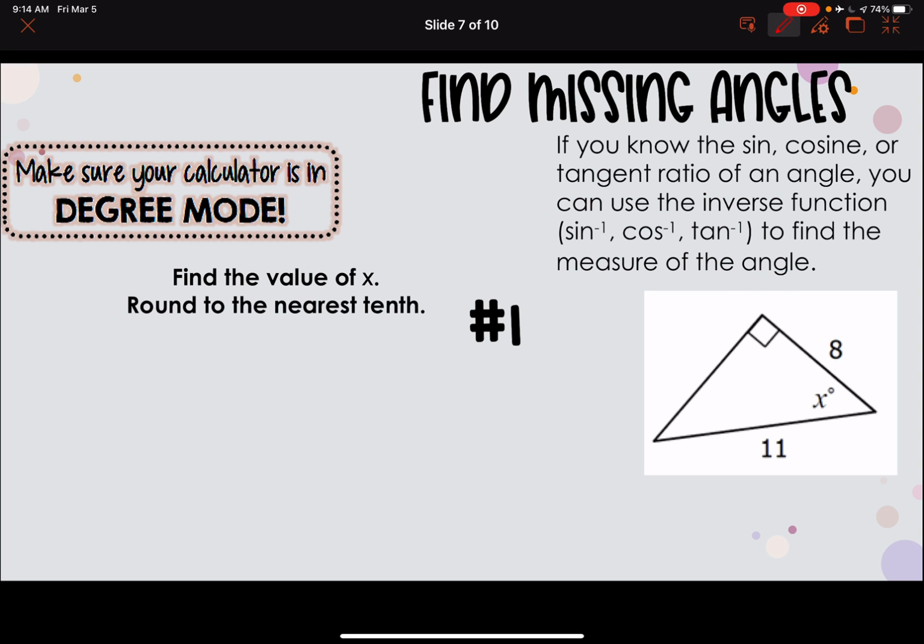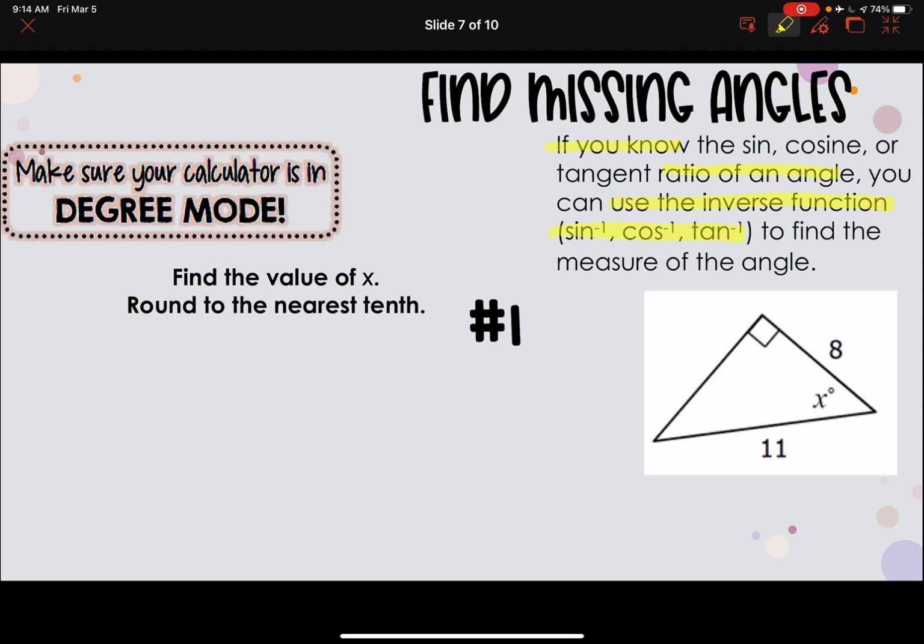Now, if you know the sine, cosine, or tangent ratio of an angle, then you can use the inverse function, and that's sine inverse, cosine inverse, tangent inverse, to find the measure of the angle. All right? Now, when you find the measure of the angle, you're going to use that inverse button.